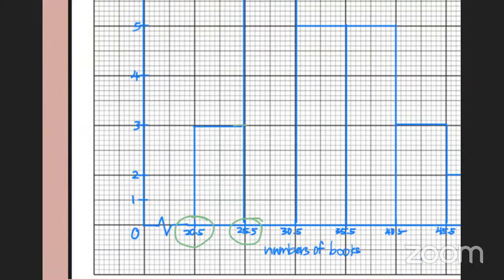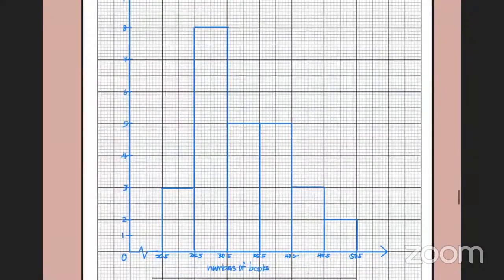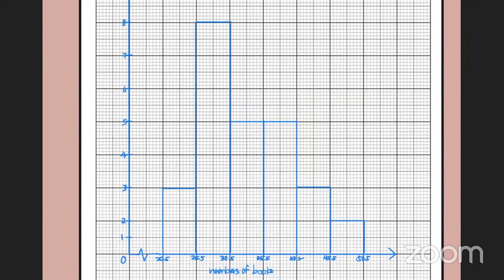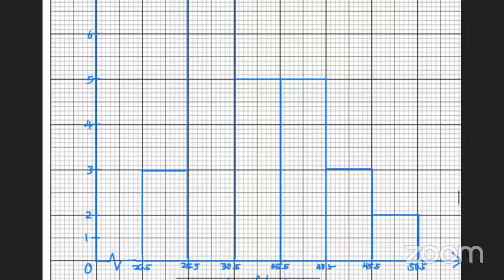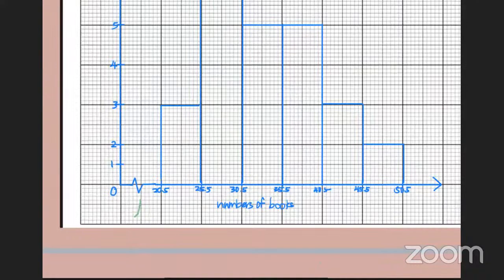You just put a horizontal line, and then you just put another upper boundary and put it to the right side.